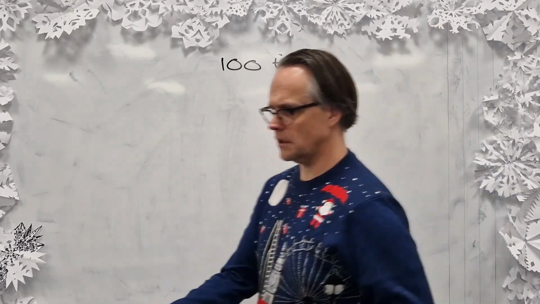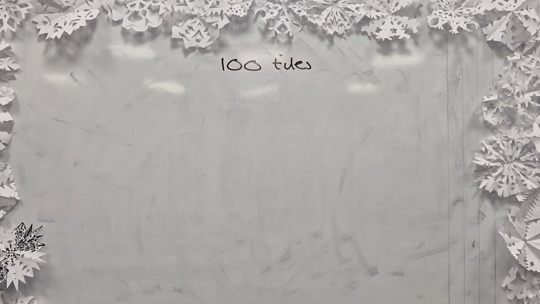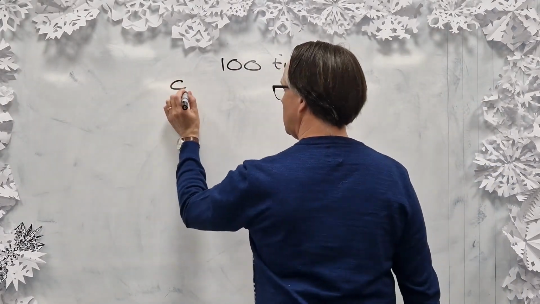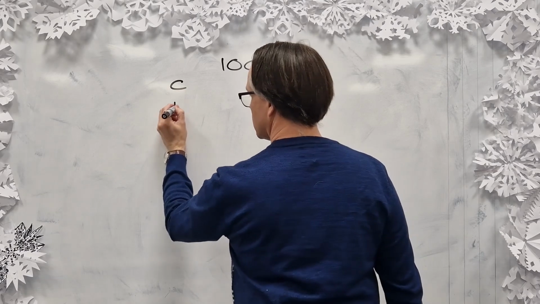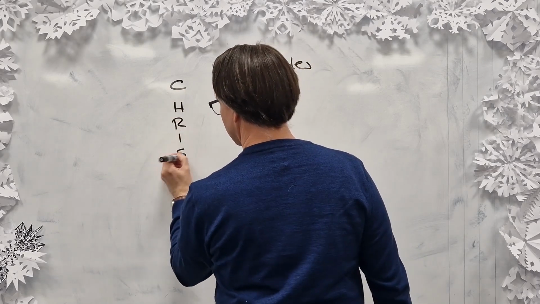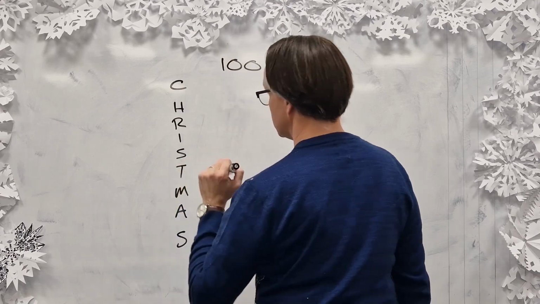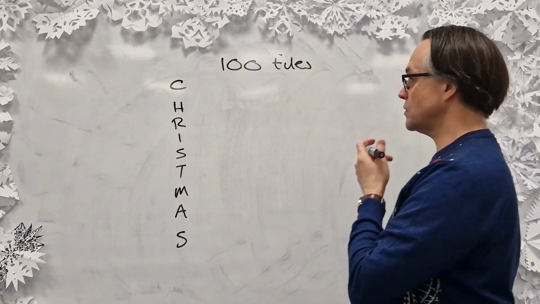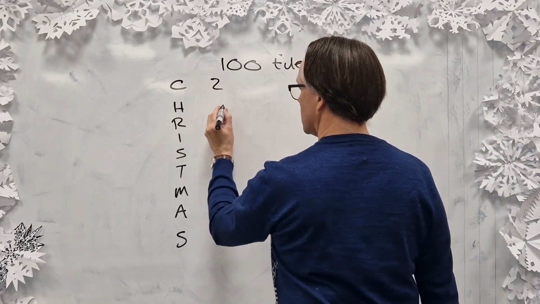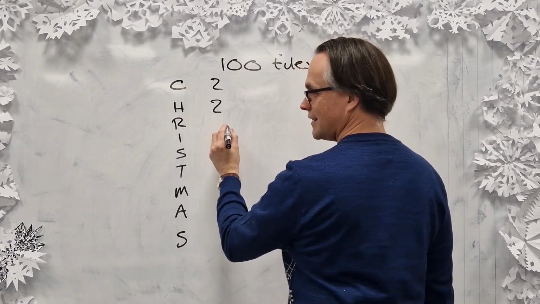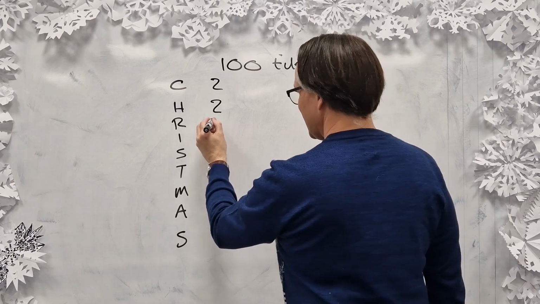Where's my calculator? Oh, let's see. Right, so how many letters? Well, let's spell Christmas first. C. How many C's are there? There's 2 C's. How many H's? 2. R's? 6.